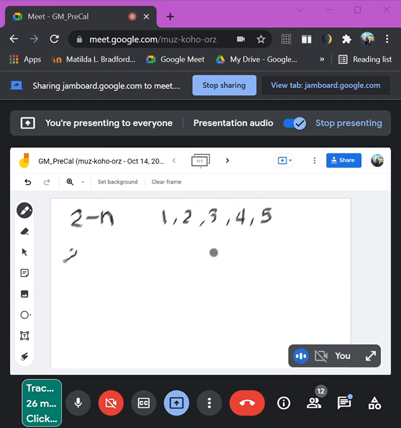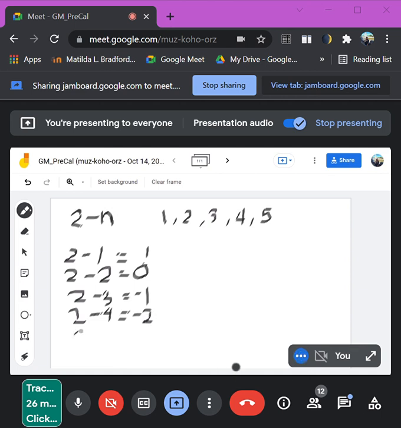So you have there 2 minus 1, how much? That is 1. And then 2 minus 2, that is 0. 2 minus 3, that is negative 1. 2 minus 4, that is negative 2.